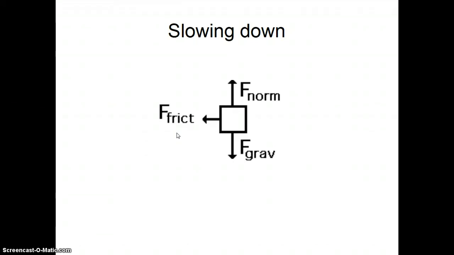So if you knew the mass of the object and its acceleration, the force causing the object to slow down would be the force of friction, and thus your net force is just the frictional force in this case.